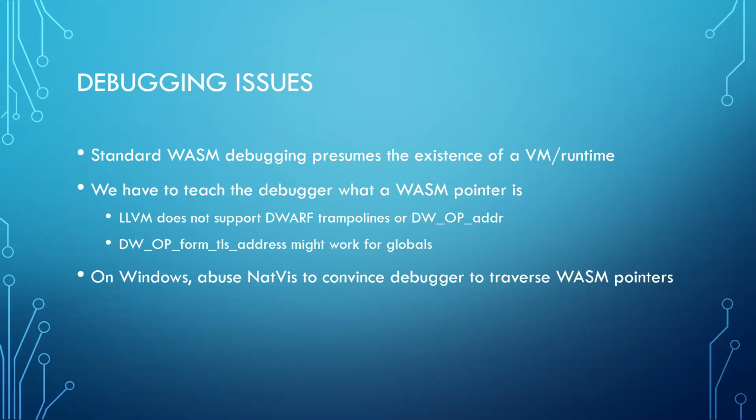That makes it so that the visualization you see in Visual Studio shows the correct values, because the visualizer will actually go through the necessary hoops to figure out what the real memory is for a WebAssembly pointer instead of the actual debug information. It's not clear if PDB is even capable of doing this because nobody really understands how PDB works. It's only the reverse engineered stuff that LLVM figured out.